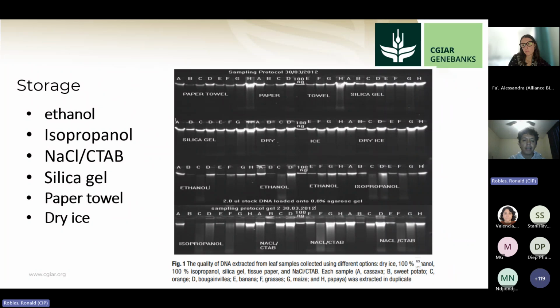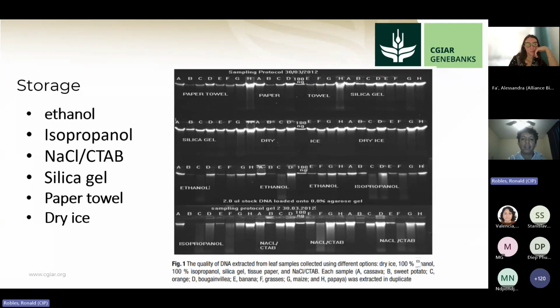It could be in silica gel or only putting the leaves in paper towels. And finally, the sixth condition was to store our samples at low temperatures. Here they used dry ice because liquid nitrogen was very difficult to use, but it corresponds.